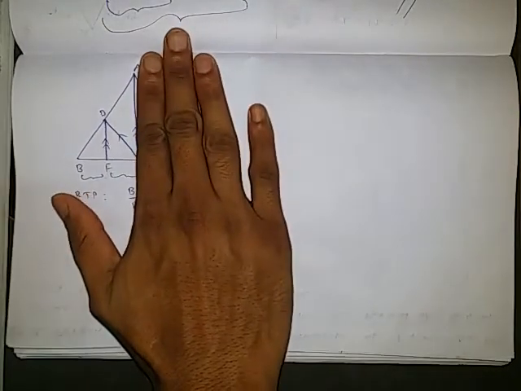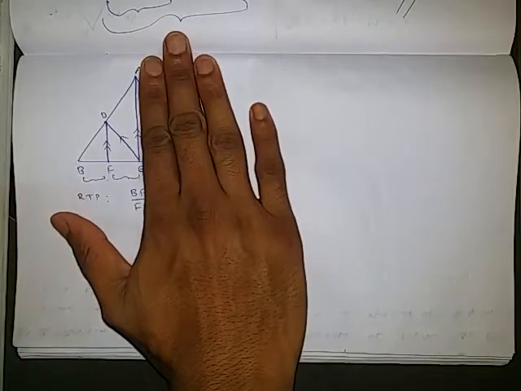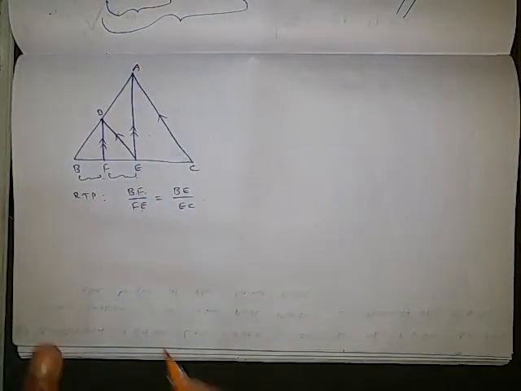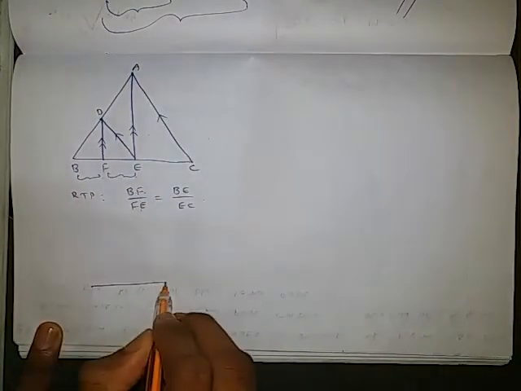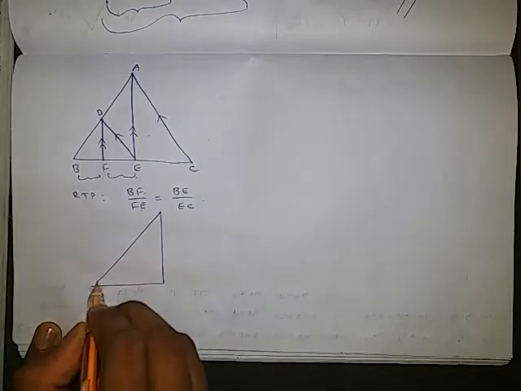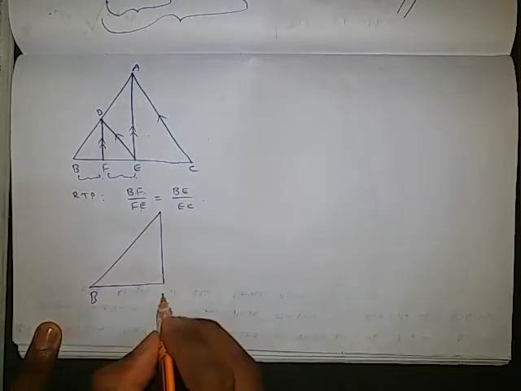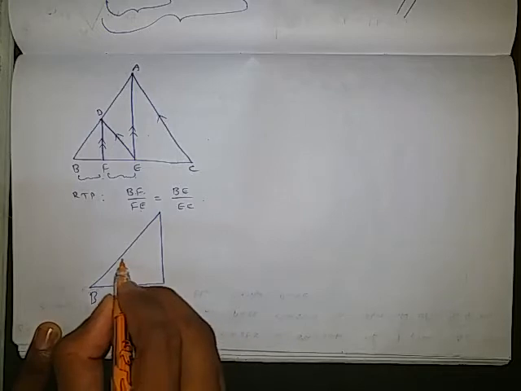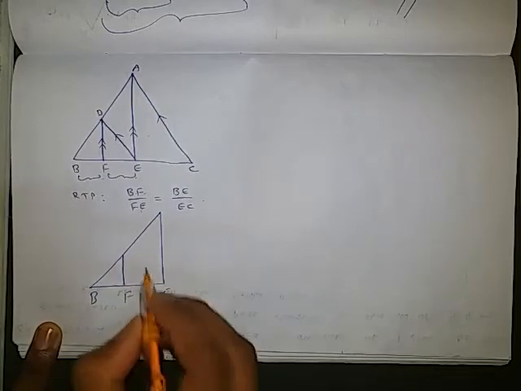So what I will do now, I will take this half triangle, that half triangle BFE. I am drawing that separately again. This is B and this is E. We have one line in the middle somewhere, that is F.